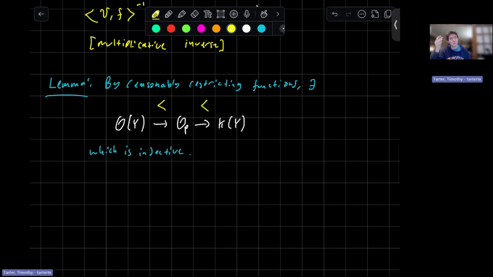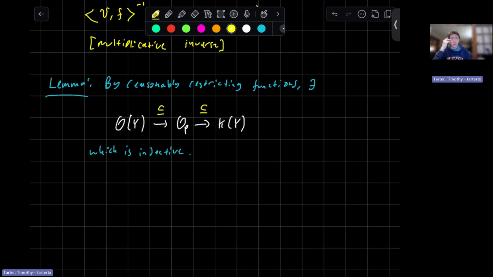So it's injective, meaning that any two points that are the same in the codomain get mapped to the same thing in the domain. And it really isn't clear how all of this follows. I say greater than, it should really be like this.